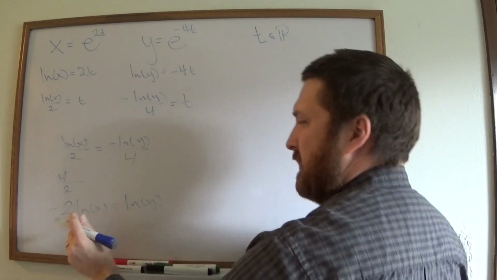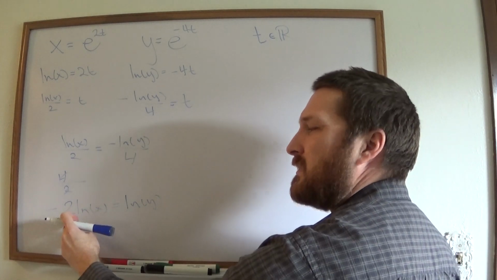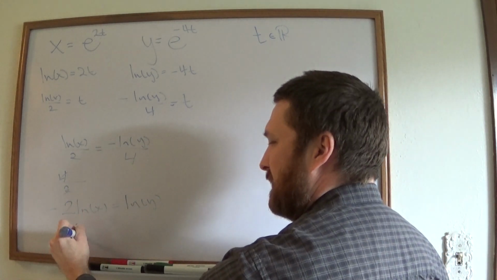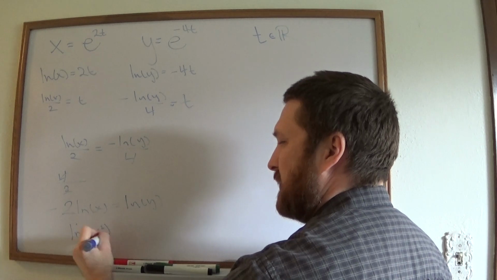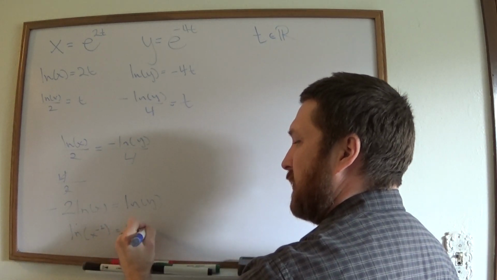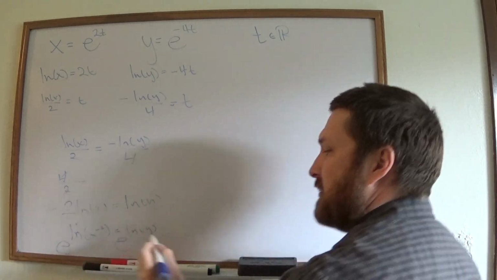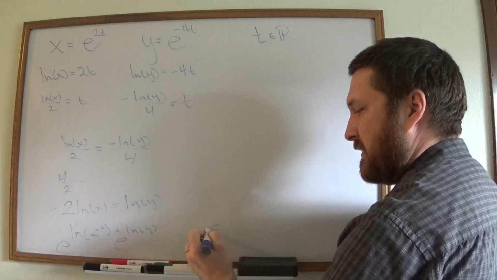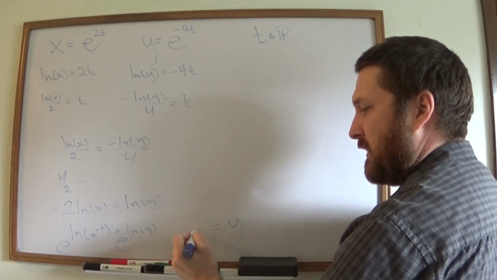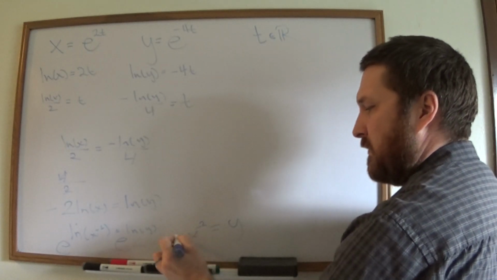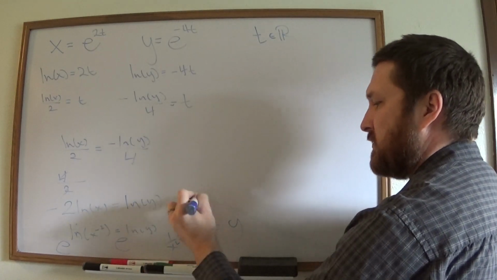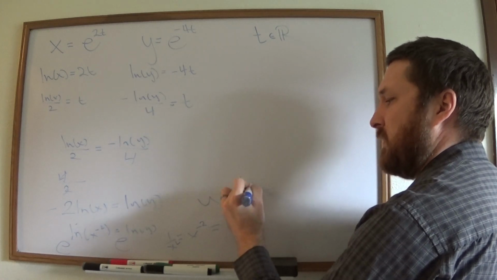You have to do this first: x to the negative 2 is equal to natural log y. Now we do our e's, and you get e to the log y is y, and e to the log is x to the negative 2, which is 1 over x squared, so that y equals 1 over x squared. And you can do it that way.